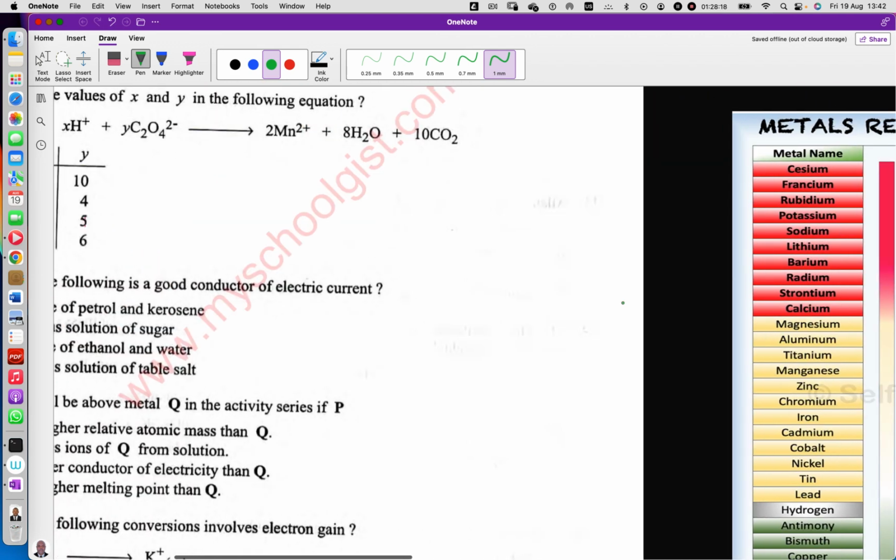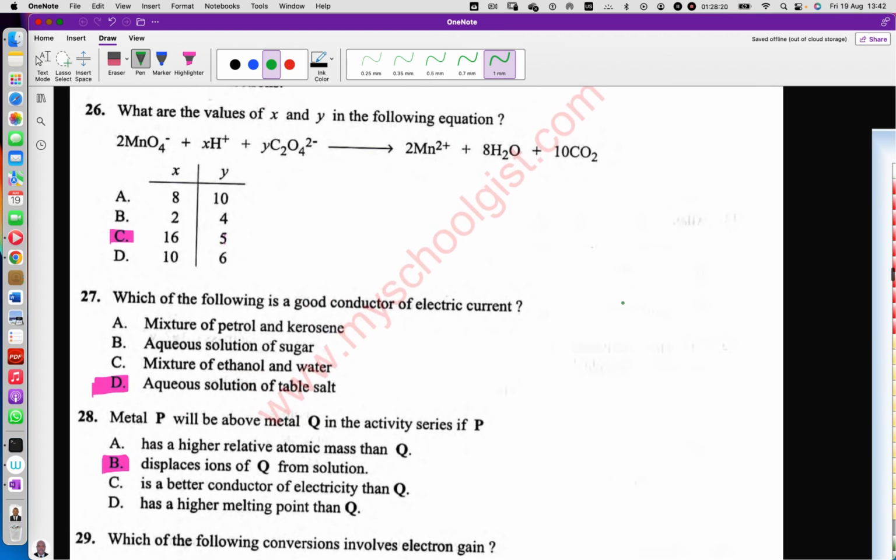We said acidified manganese 7 ion in an acidic medium was reacting with ethane dioate, to produce manganese 2 and carbon dioxide. Let's see how we can get this full equation to confirm our answer of C.